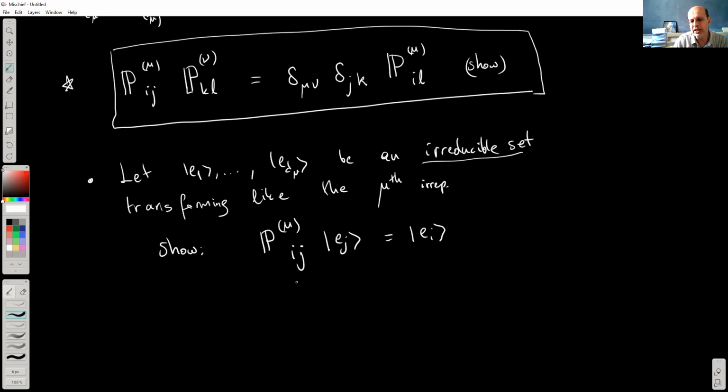So in Dirac notation, I would basically write this P mu ij as |Ei><Ej|, right? It's an operator that transforms Ej into Ei. But unfortunately, this is not exact because there might be many different invariant subspaces.